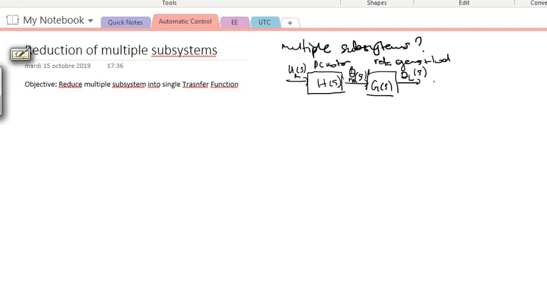For example, let's take a more relevant example. Let's take an example of an electrical car. So you have a gear train system that has a certain load, but theta L S now becomes an input to another subsystem, which could be the drivetrain or the tire, right?